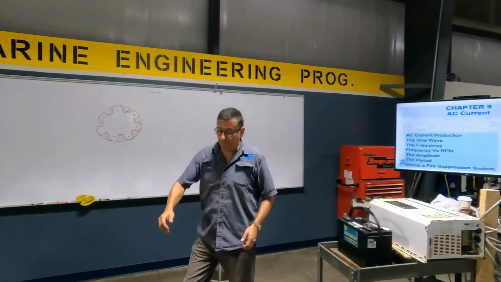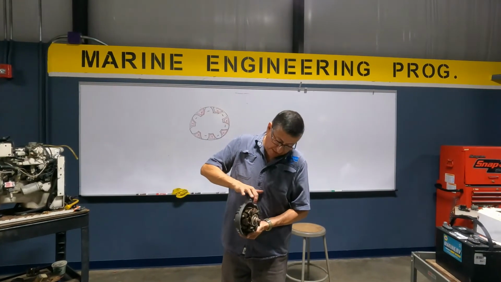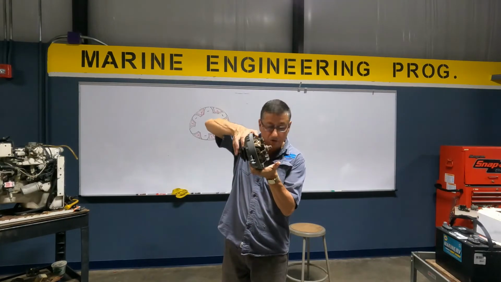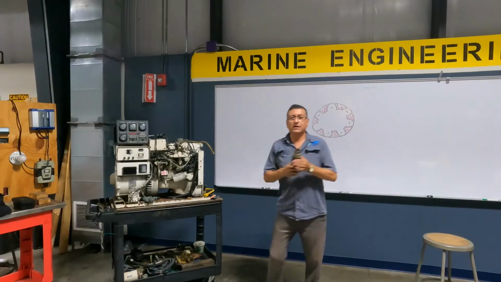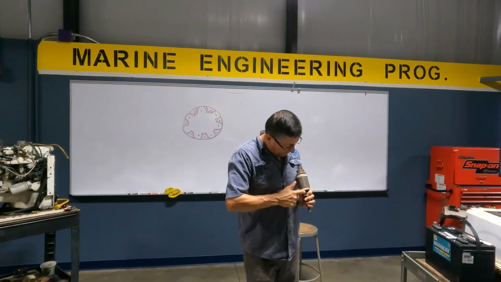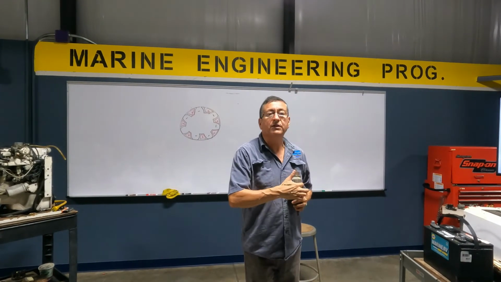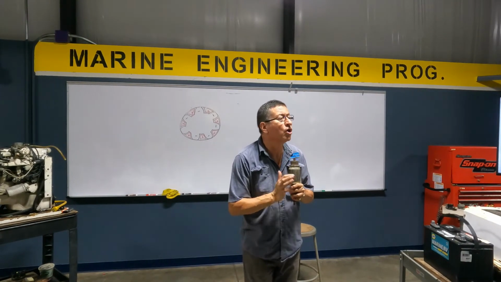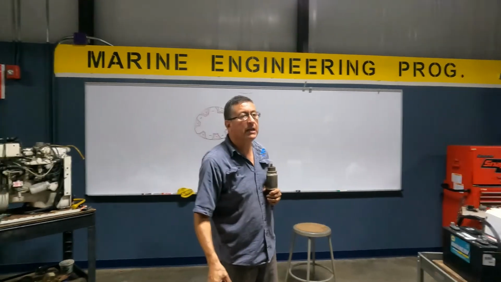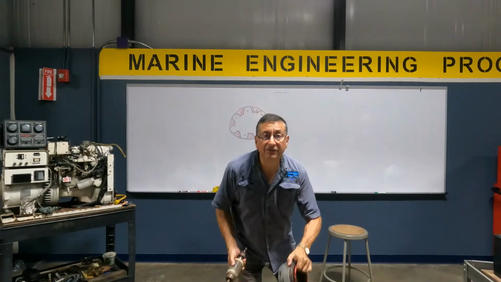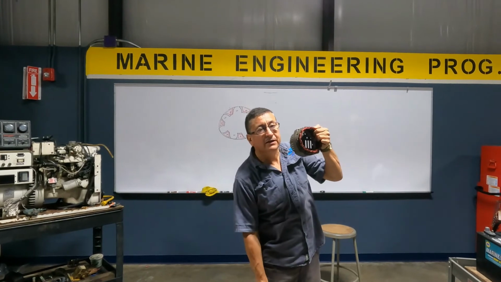You remember this, no? Positive, negative, positive, negative in this rotor. What about this rotor? It's exactly the same. One is positive, negative, because this one has more poles and this one fewer. And this is the coil.